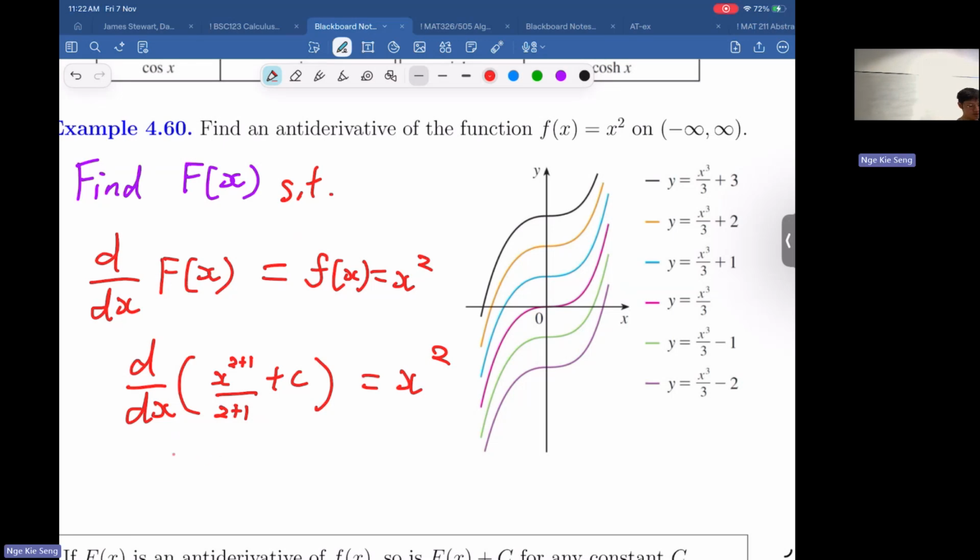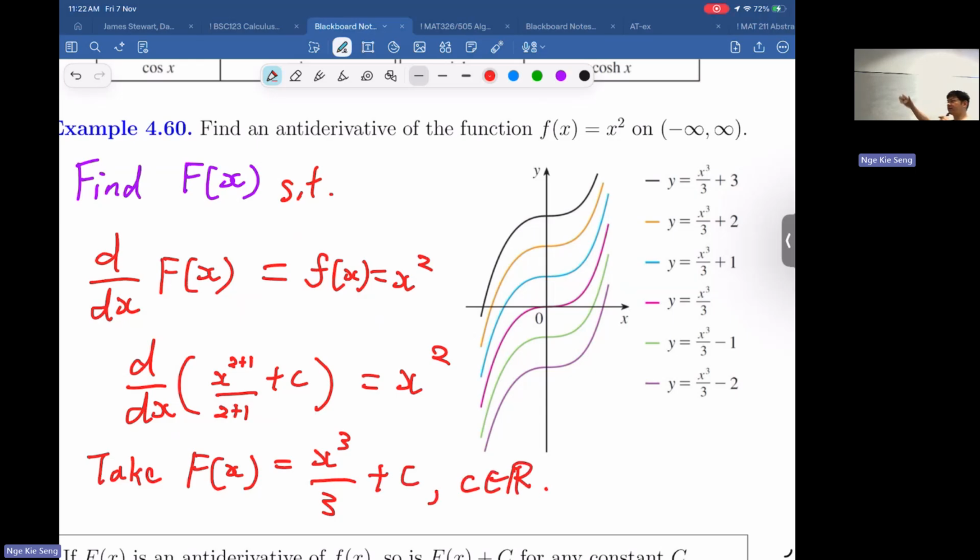So actually, you take F of x to be x to the cube over 3 plus c for any real number c. So there's a whole list here, a bunch of antiderivatives of this x squared.